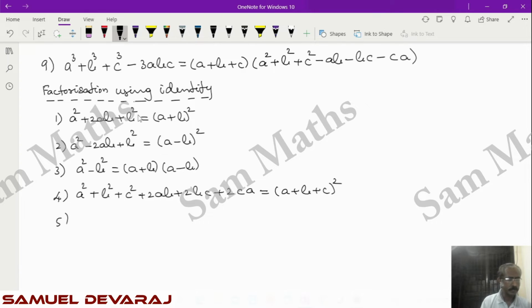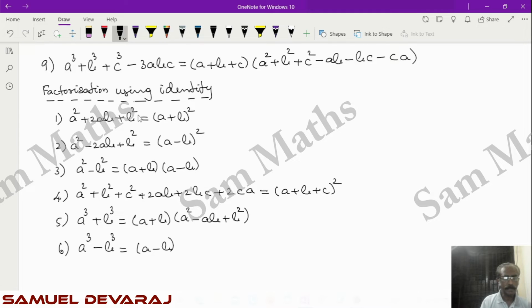Fifth one, a³ + b³ equals (a + b)(a² − ab + b²). Sixth one, if it is a³ − b³, it equals (a − b)(a² + ab + b²).